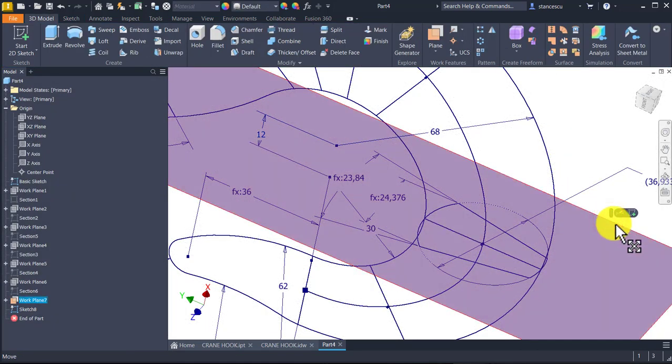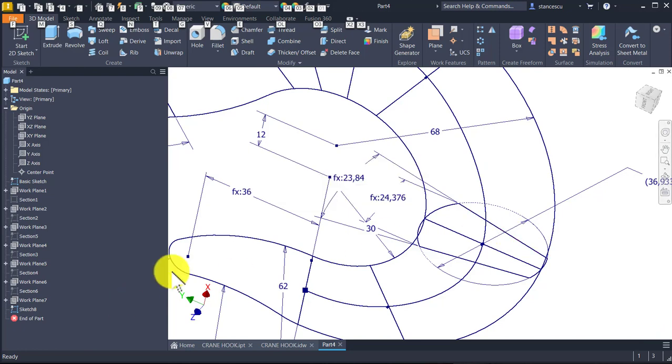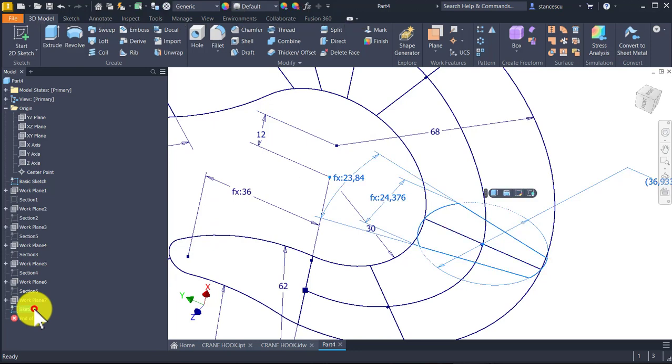Alt V, Alt, not Control. Then this is the sketch 7, not sketch but section 7, and we make it also invisible.